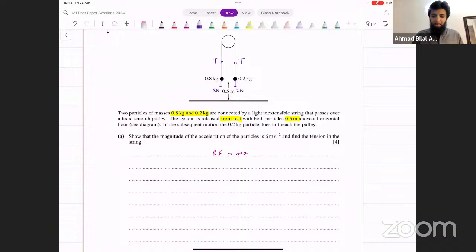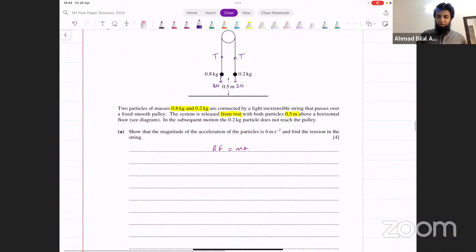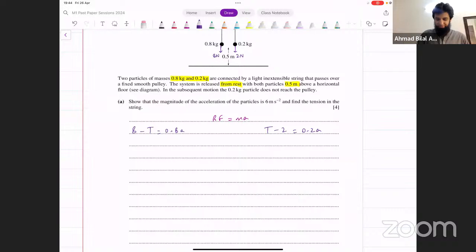So the 8 Newton particle will be moving downwards. So what's the forward force for that? That's 8. Backward force is T. That equals mass, which is 0.8, times acceleration. That's one equation that we get. And now similarly on the other particle, since it's moving in the upward direction, forward force is T, backward force is 2. That equals mass, which is 0.2, times acceleration. You can find the value of T and A from this.